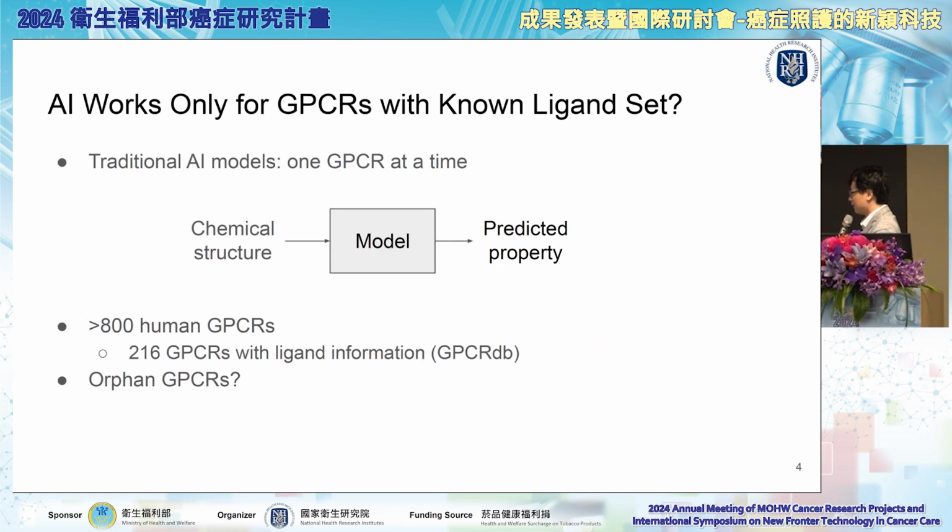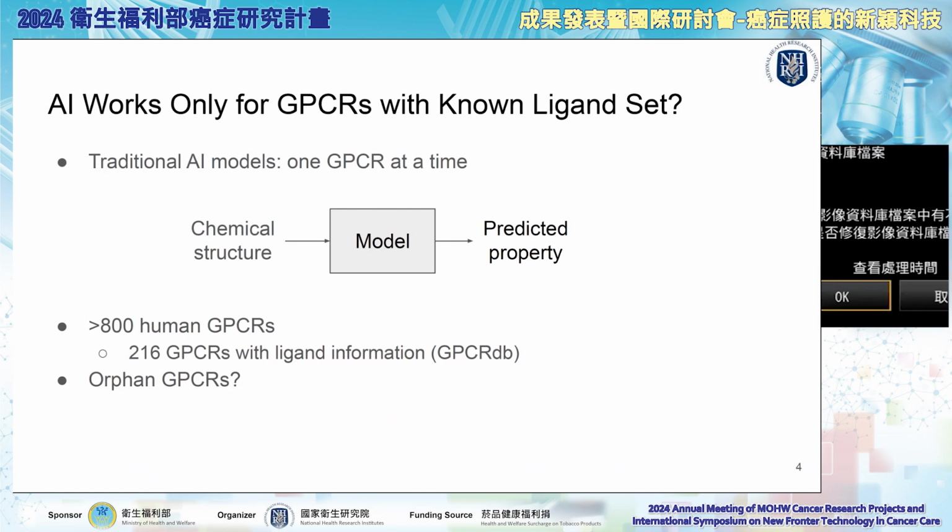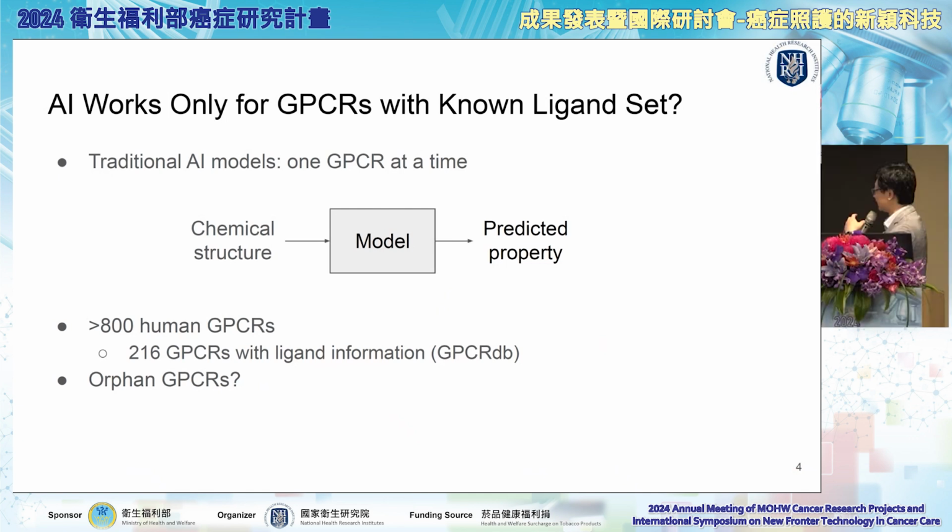But you may think that now we have AlphaFold, so everything may be resolved, right? For orphan GPCRs, there can be two ways to develop drugs using AI. One is to predict the protein structure and then use it to design the corresponding drug.